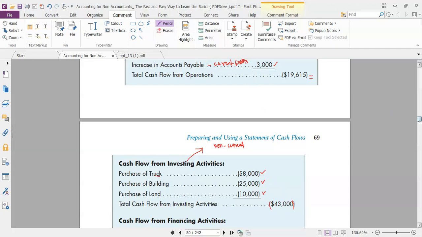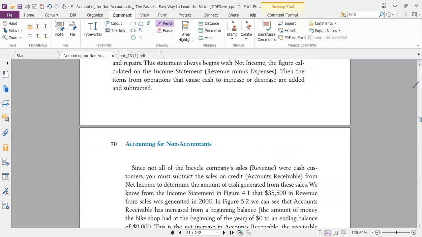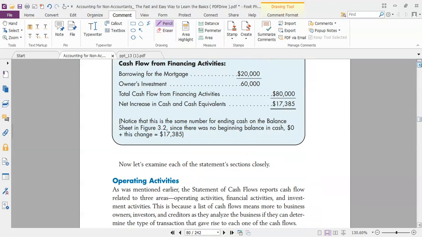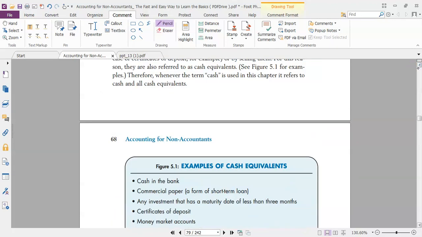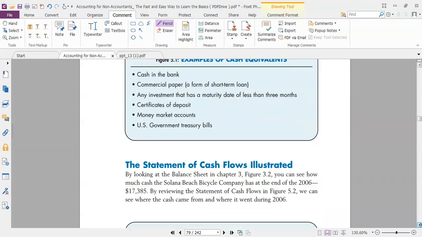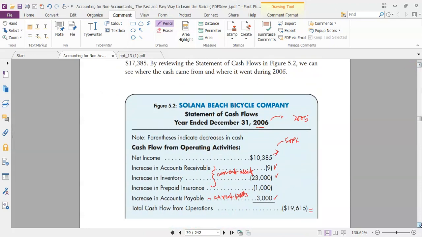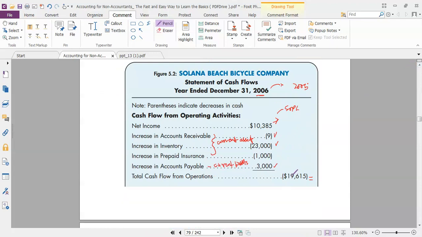Why do you get negative here? Because the cash flow is negative, so you should put the brackets here.